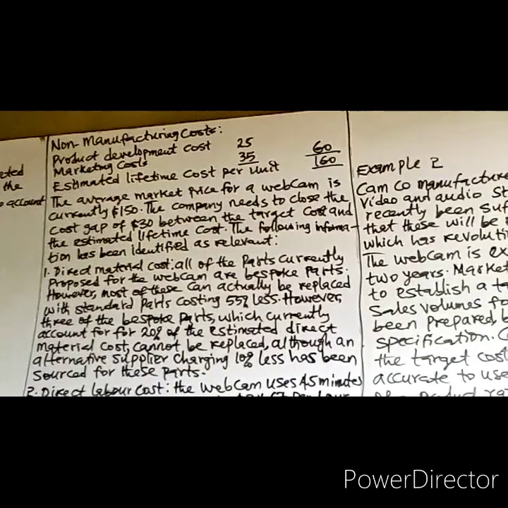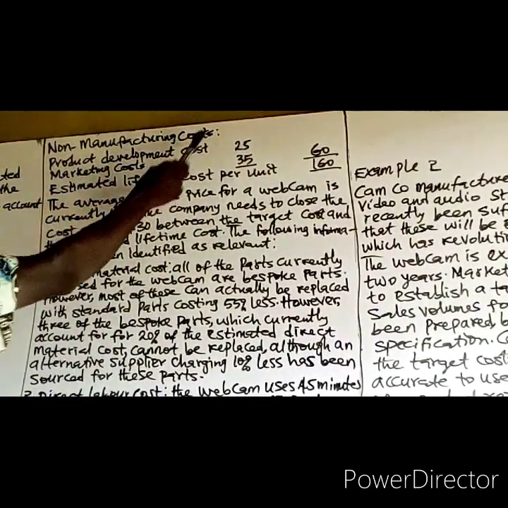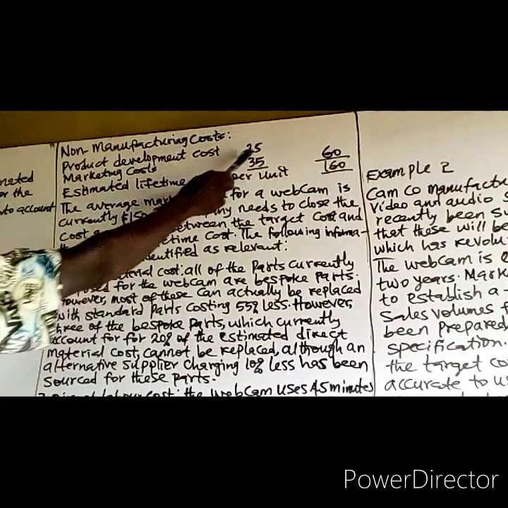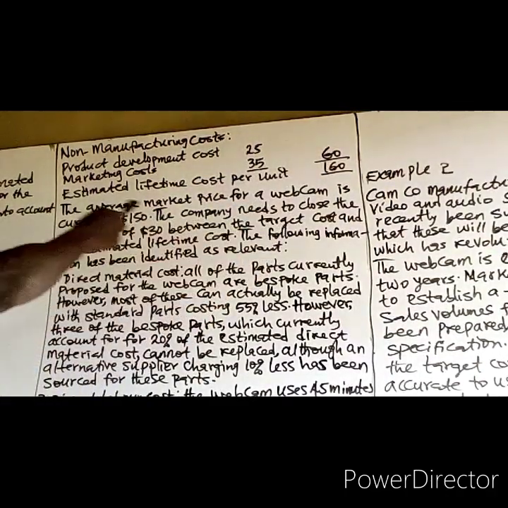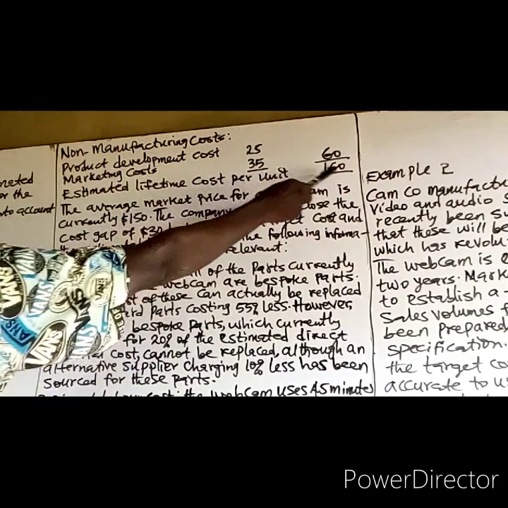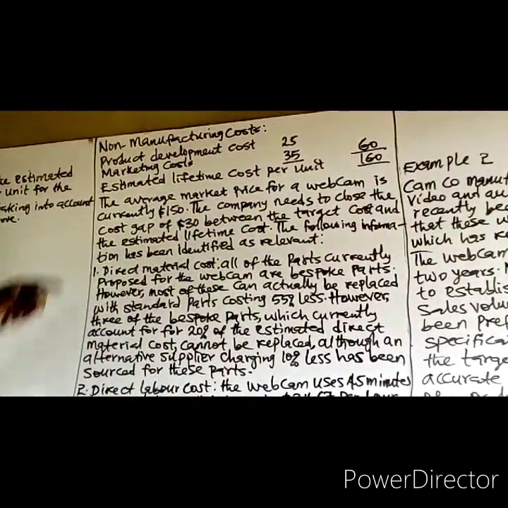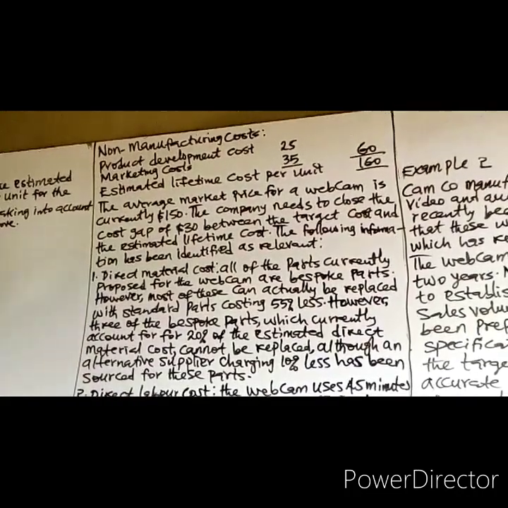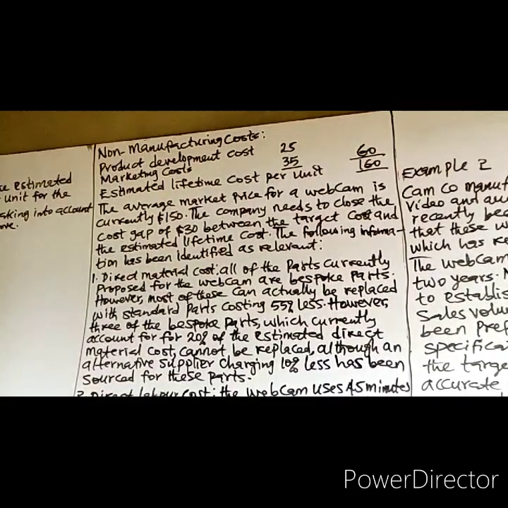Non-manufacturing cost: we have product development cost, and that is $25. Marketing cost of $35. Total $60. Estimated lifetime cost per unit is $160. The average market price for a webcam is currently $150.